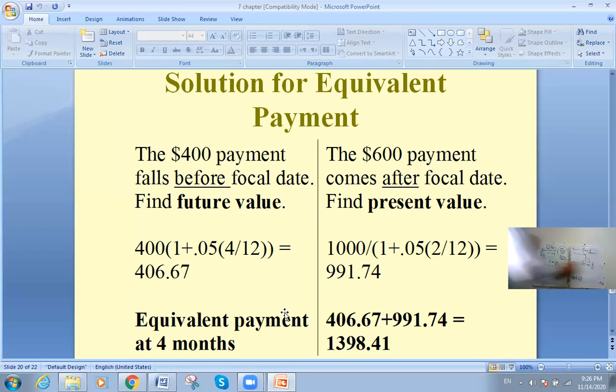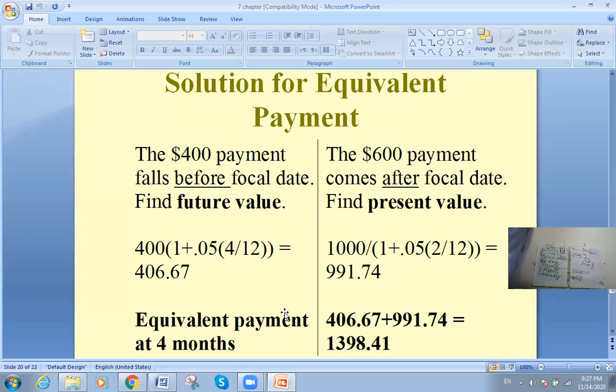But hey, wait a minute. I will not go back the full 6 months. Because I already have 4 months here, the period between the focal date and this $1,000 is only 2 months. Actually, it is 2 months.